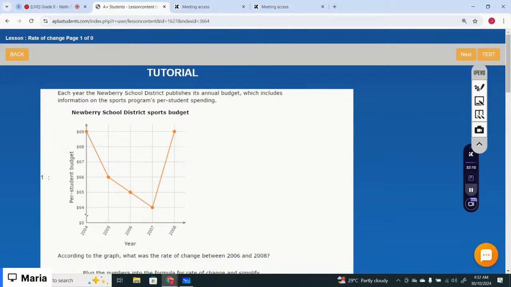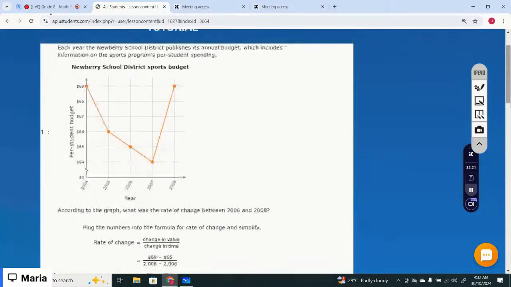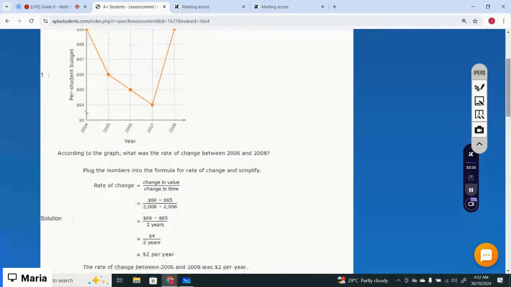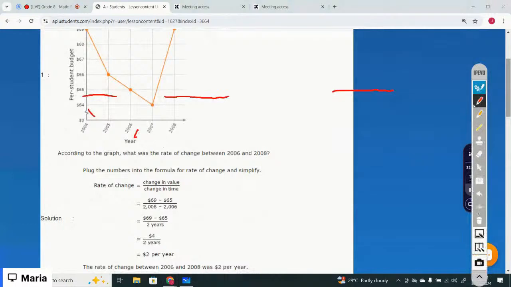Each year, the Newberry School District publishes its annual budget, which includes information on the sports programs per student spending. According to the graph, what was the rate of change between 2006 and 2008? So here is 2006 and here is 2008.